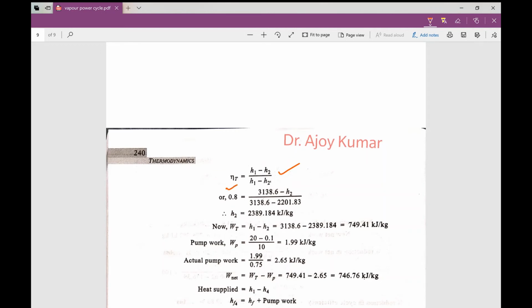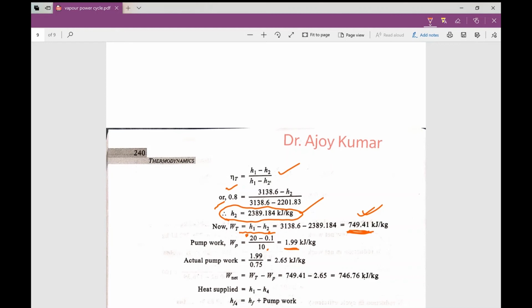So we can calculate the actual enthalpy due to the efficiency given as 0.8, that is due to the friction involved. If H2 is known, we can calculate the work produced by the turbine in this way. So this is the actual turbine work. At the same time, pump work we can also calculate, that is (P1 minus P2) divided by 10, which comes to 1.99.